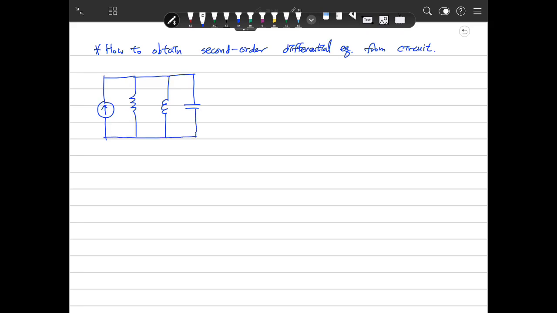We define R, L and C, define this current as I, define this voltage as V, and the source is I_S here. Based on this electric circuit, we will find the differential equation to describe the current and voltage characteristic of this circuit.